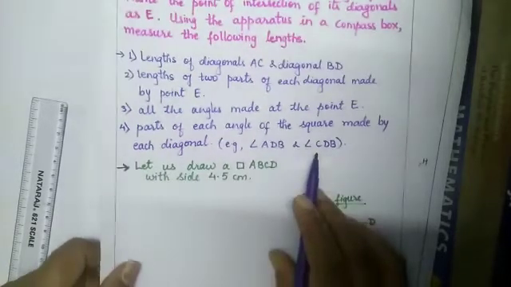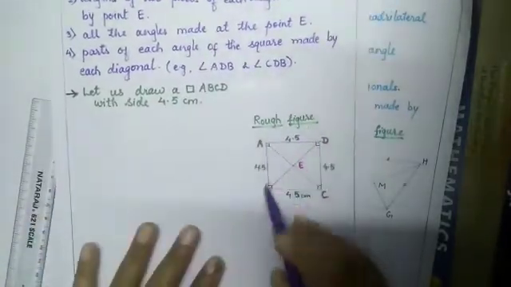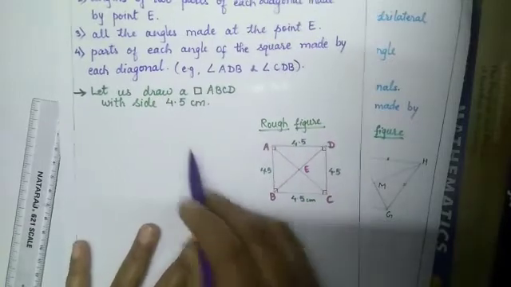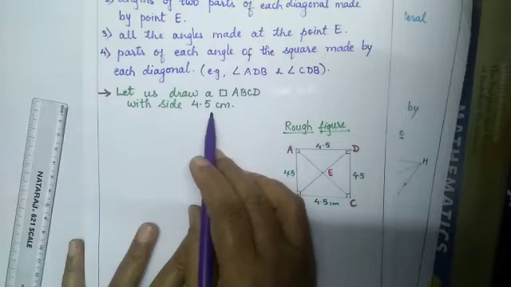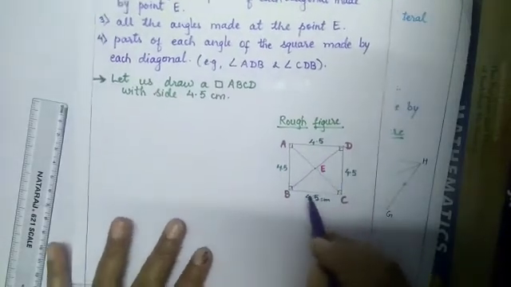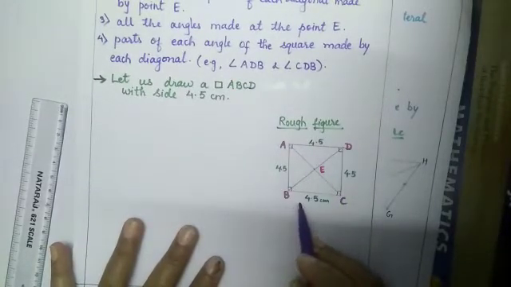So what we have taken in this activity, we have drawn one rough figure, that is ABCD is a square where all sides I have taken as 4.5 centimeter. You can take 5 centimeter also, you can take 4 centimeter also, but all the sides of a square are equal. Now all the angles are right angles, that means 90 degrees.